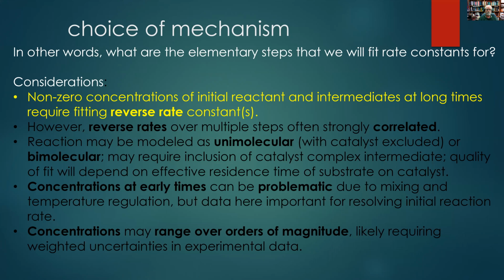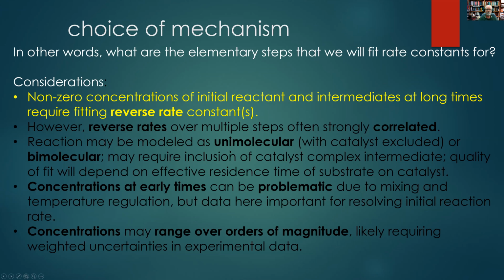But here we have, in particular, an equilibrium that's established. At long times, the reactant concentrations don't go to zero because, in fact, the reactants are stable. Intermediates that are formed along the way are stable to varying degrees. And so we end up with a variety of concentrations that are all non-zero.